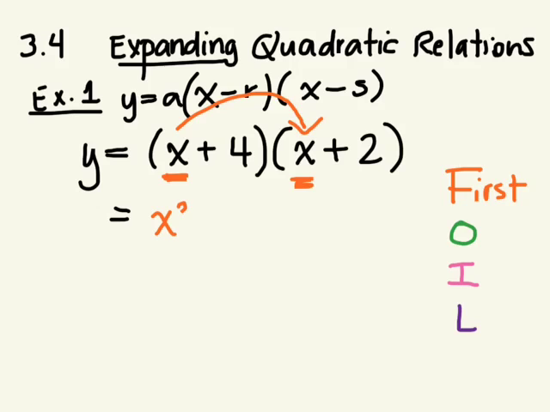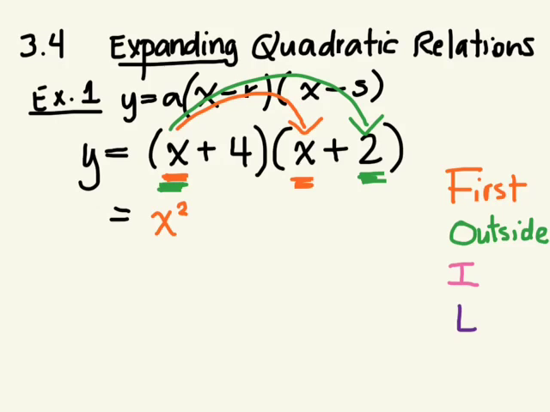What's x times x? x squared. Good. O stands for outside terms. We're going to be multiplying the terms that are on the outside. So which term is on the outside of the first bracket? x, and 2 is the outside term. So I'm multiplying x times 2.